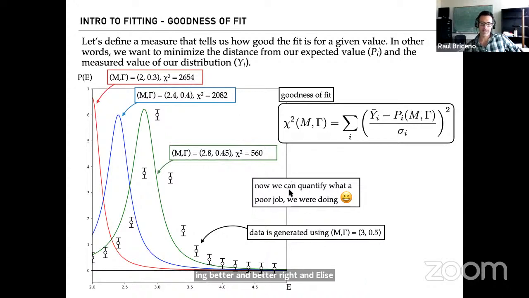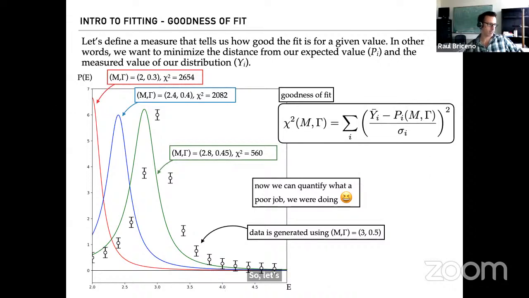And at least this is allowing us to figure out how bad we were guessing. We were doing an awful guess, but now we know that this is indeed telling us that the red is a terrible, terrible guess. The blue is a terrible guess. The green is a bad guess. And so we get closer and closer to the right answer.